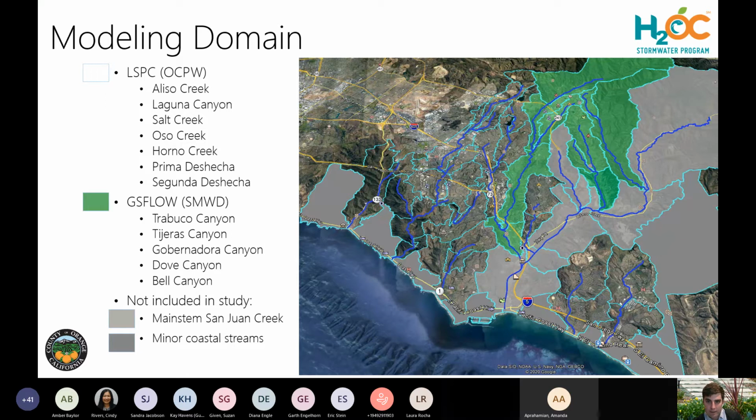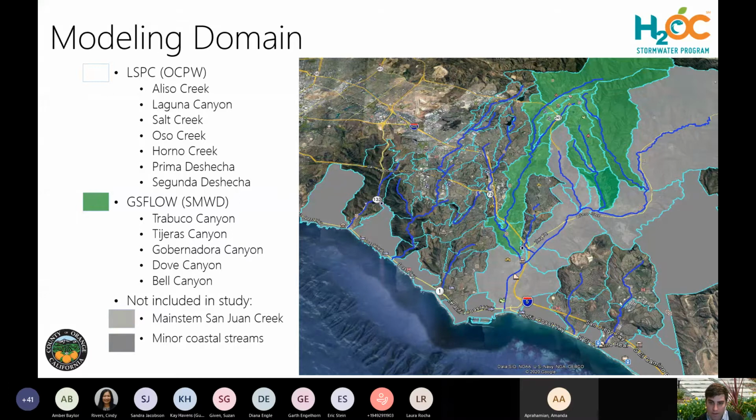And this is the discretization of those elements. Each of these light blue boundaries is a subbasin in the model. And what's new about this graphic is a more specific depiction of which areas of the model are being represented by the Lspc model, and those are the hollow ones where you can see the aerial photography underneath of them, and which ones are being represented using the output of the GS flow model that Santa Margarita Water District developed.